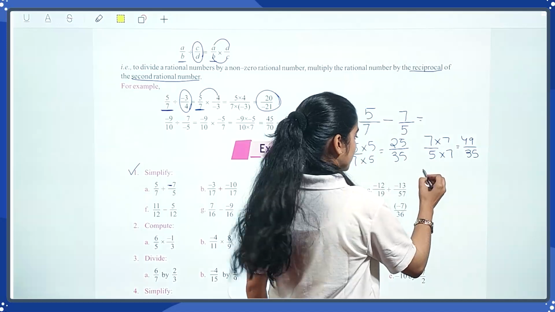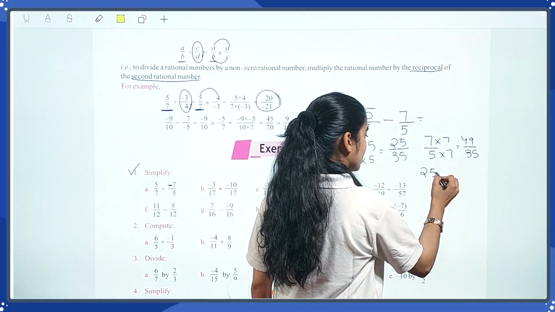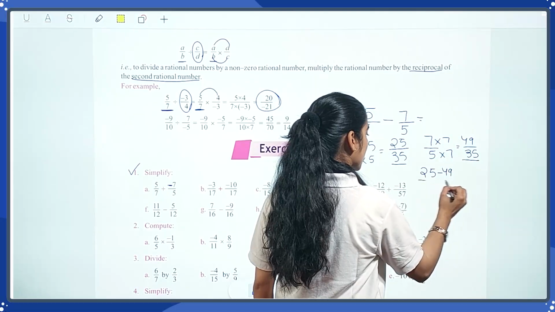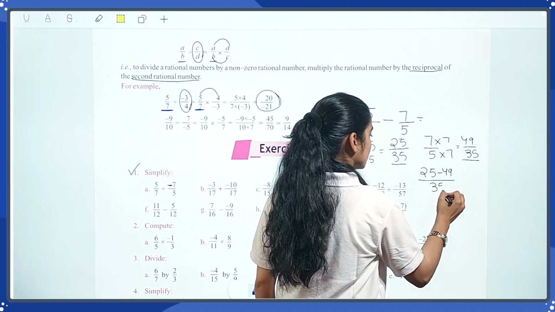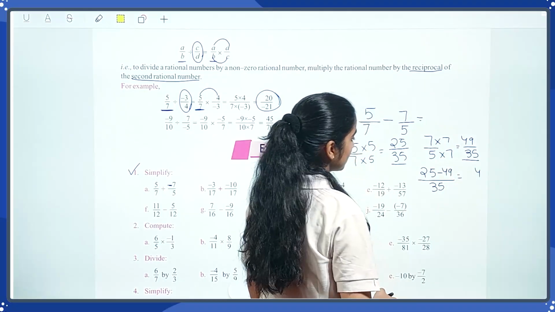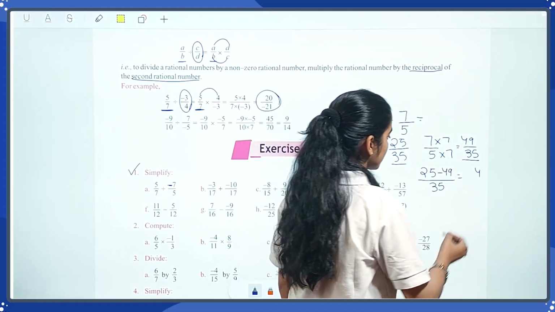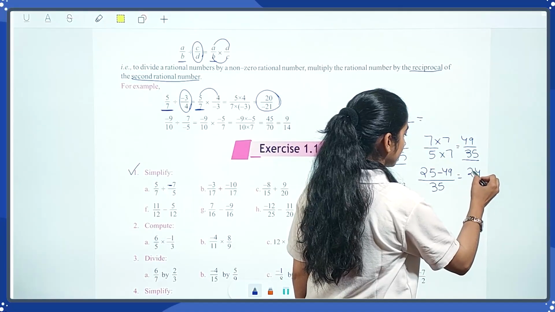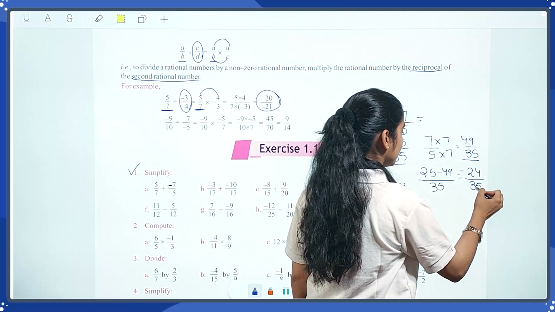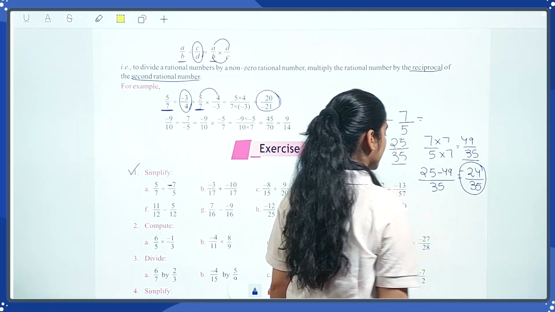So it means 25 minus 49, denominator common. 9 minus 5 is 4 and 2 minus 4 minus 9 is 2. So your answer is minus 24 upon 35. This is your final answer.